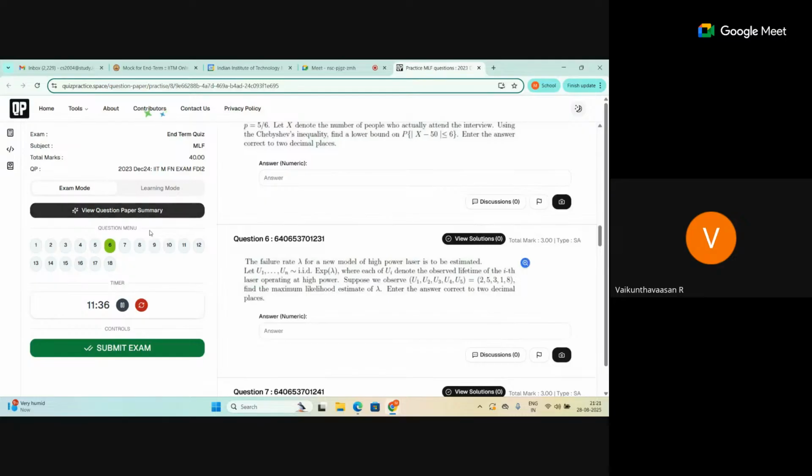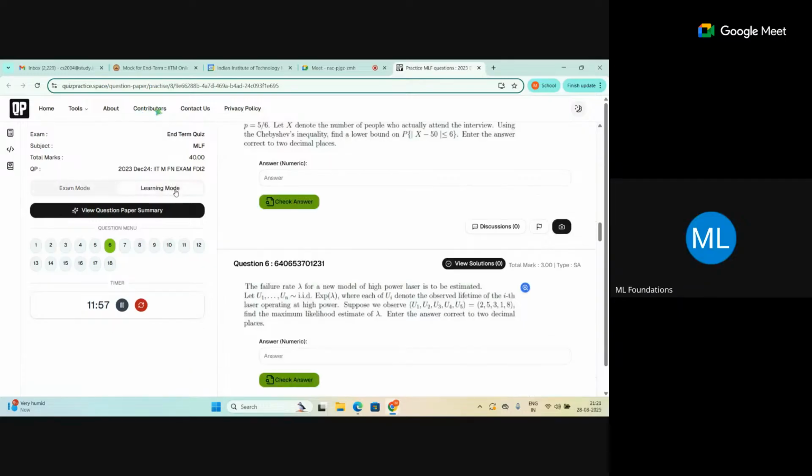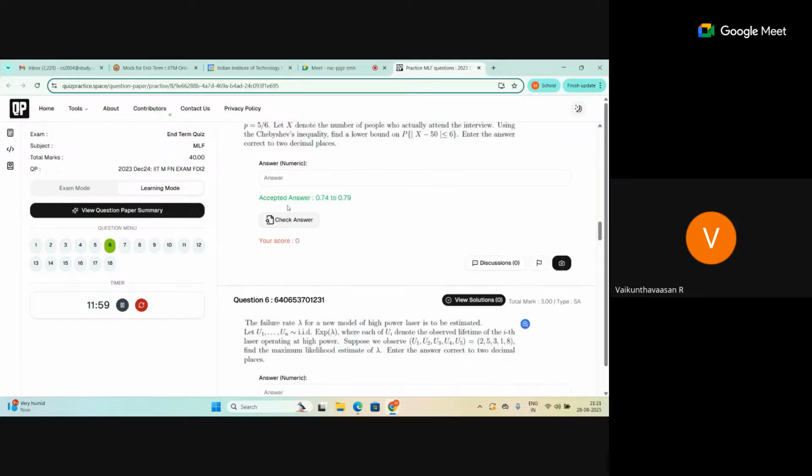I am not able to see it here. It's to the left of the answer box. Okay, check answer. Okay, but somebody has to do this, right?